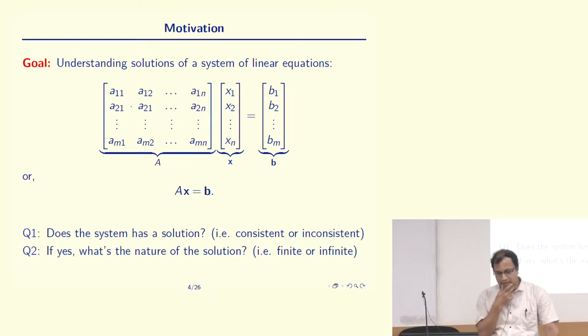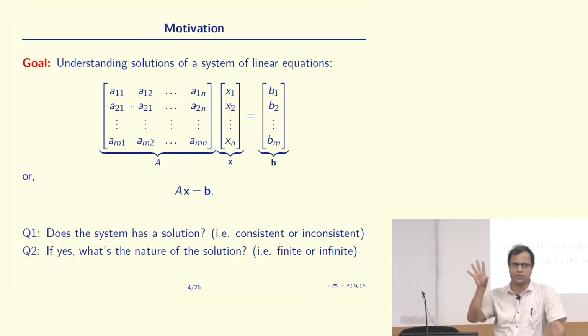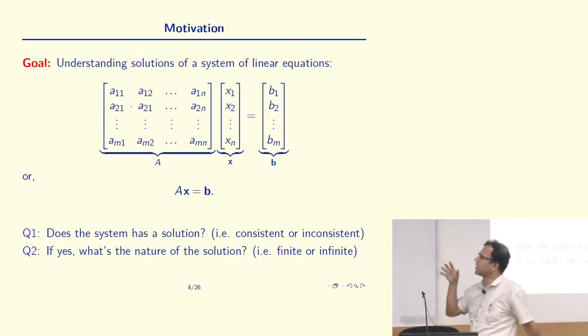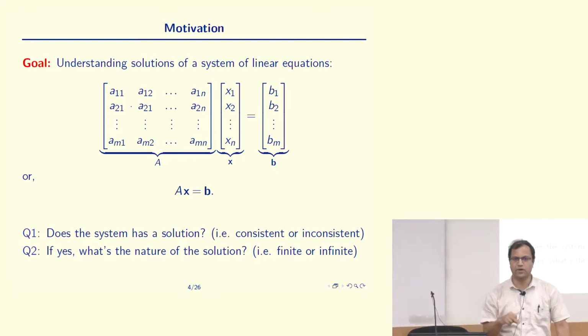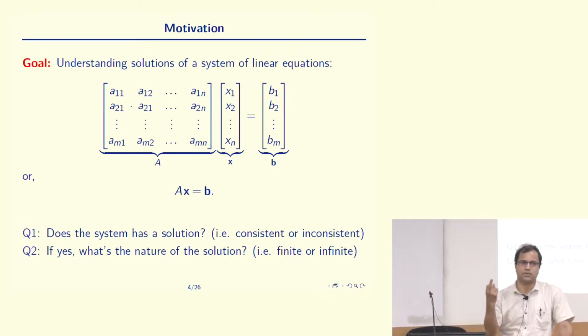So to answer such questions, we can look at the system of linear equations in different ways. First, we can look at the matrix as some array of elements, a two-dimensional array of elements. So the more effective way, what we try to learn in linear algebra is to look at the matrix column by column.